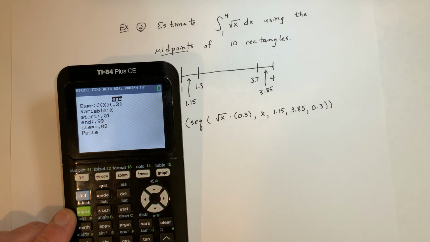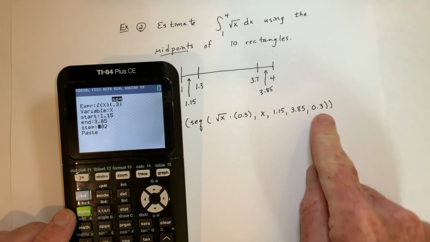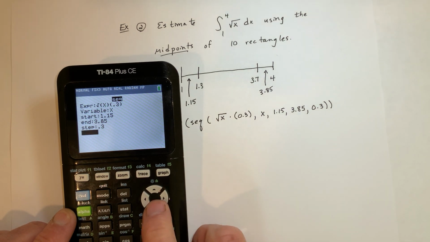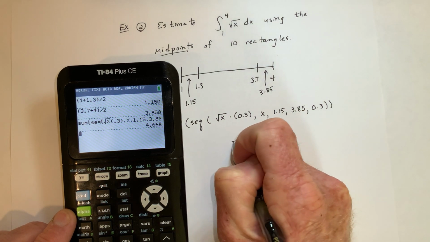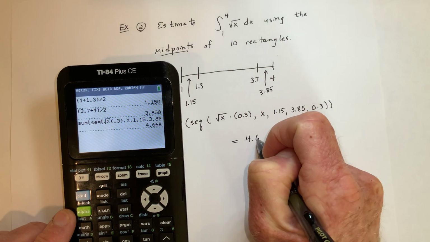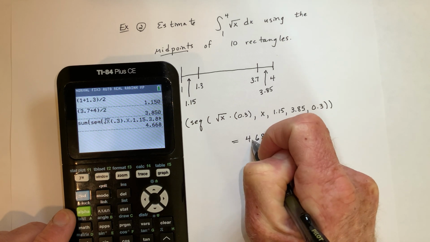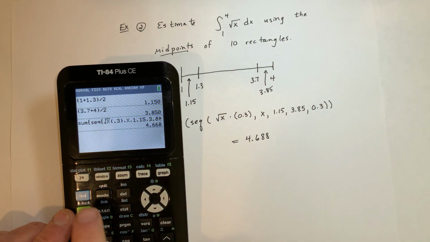And then x is the variable, and it starts at 1.15, goes to 3.85, and the step means the delta x, 0.3. And then it says that the answer is 4.688.